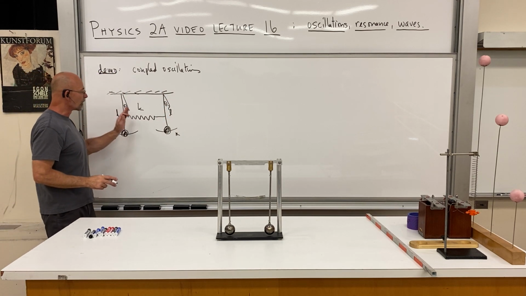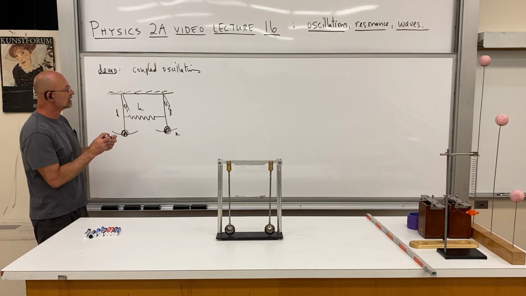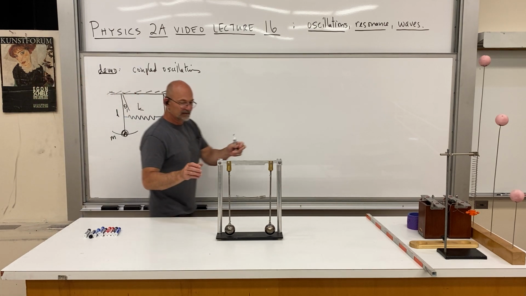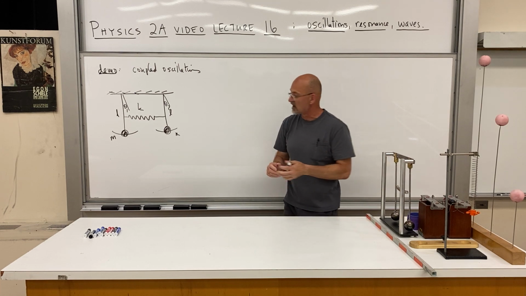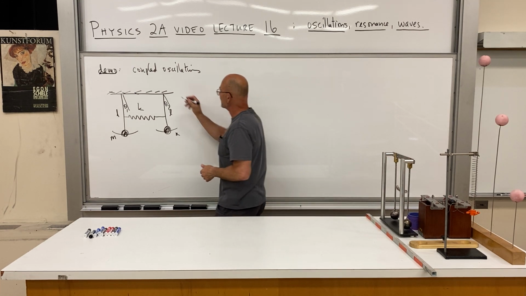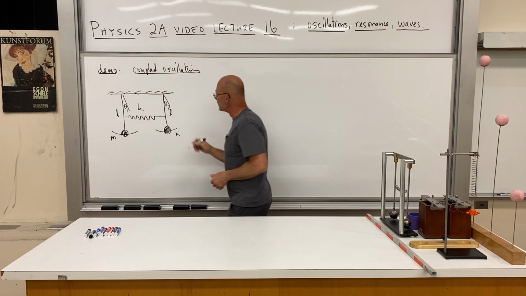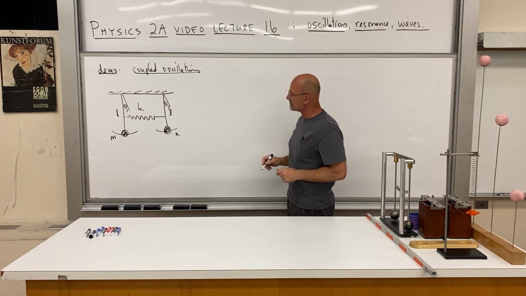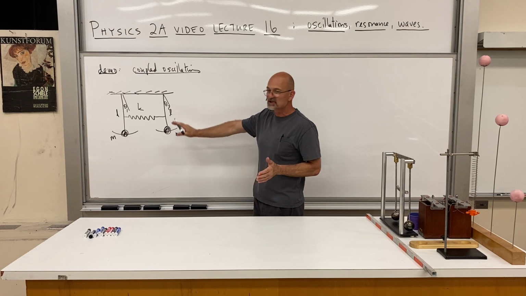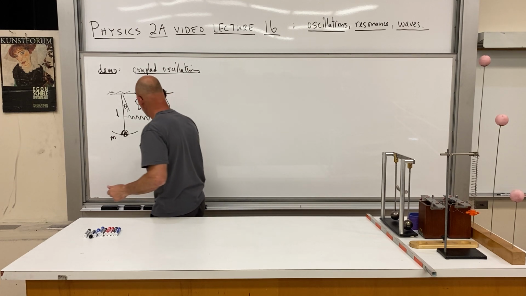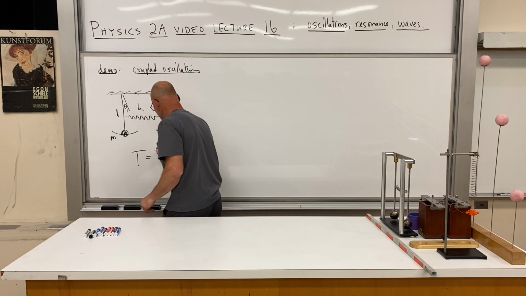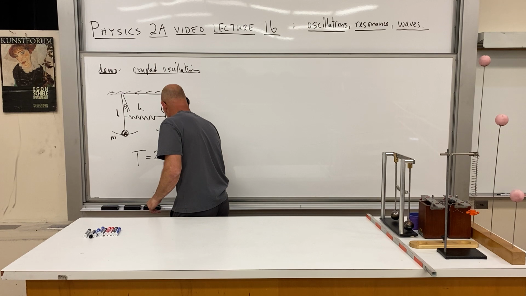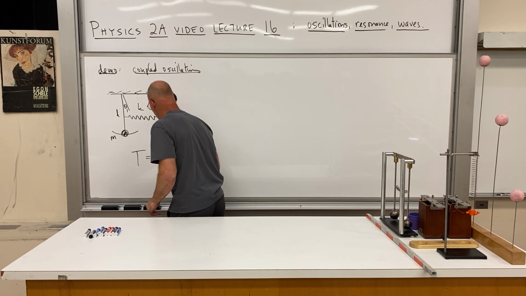Now I'm going to give you a graph of what we just saw, in terms of the angle as a function of time. We talked about the pendulum. Let's remind ourselves of the period of the pendulum, 2 pi root L over g.